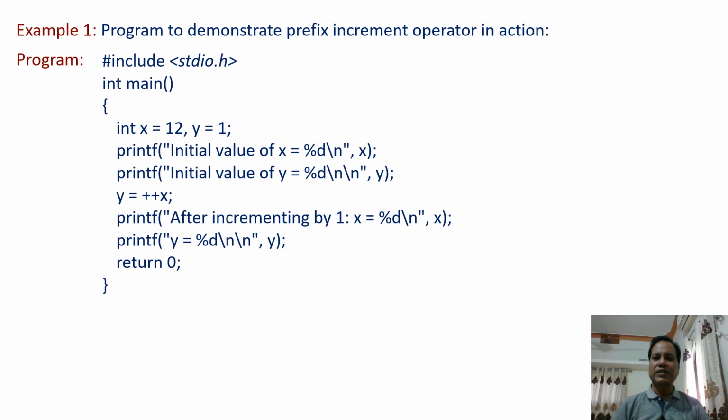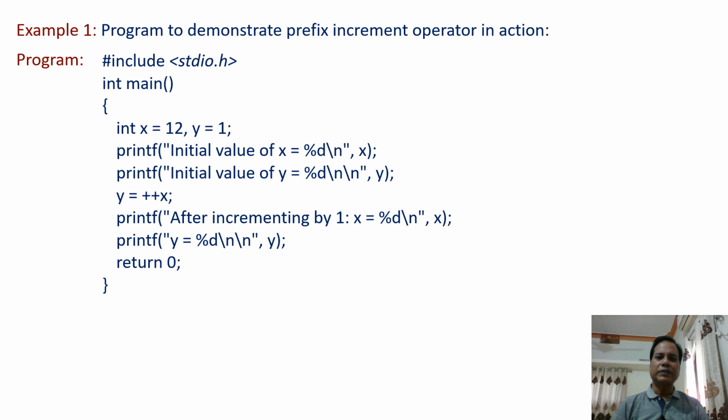So %d, the value of the variable, gets printed at this point. Then here \n and \n. Here 2 \n, the new line escape character sequence, is included just to take a 2 line gap from the printing of the value of x and y.